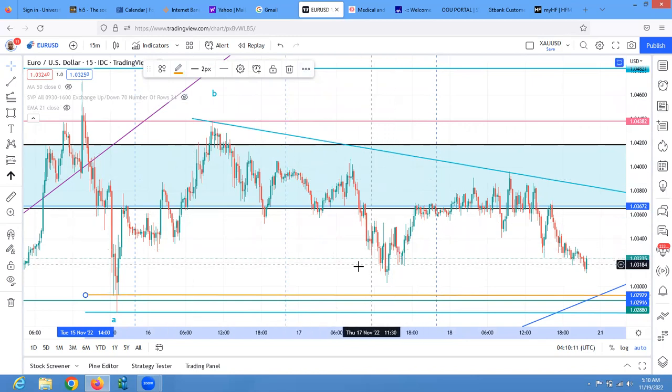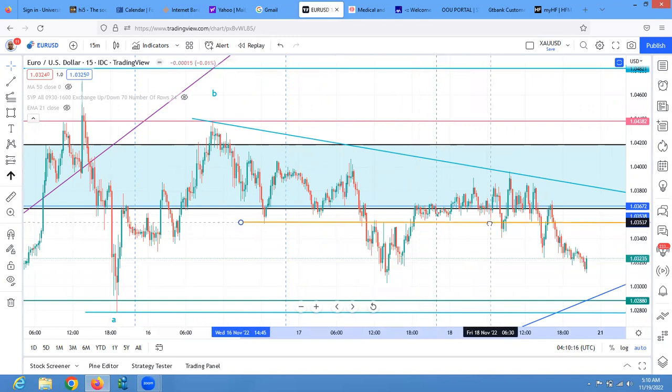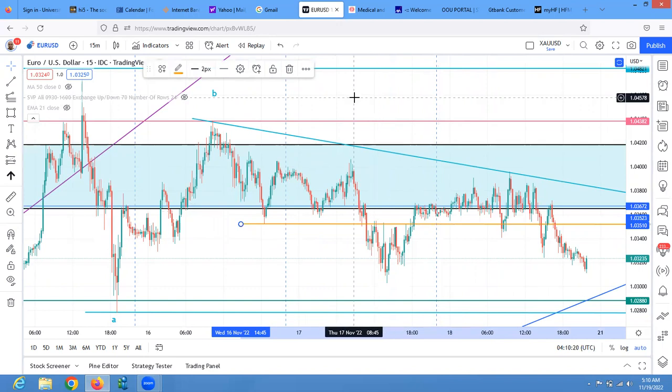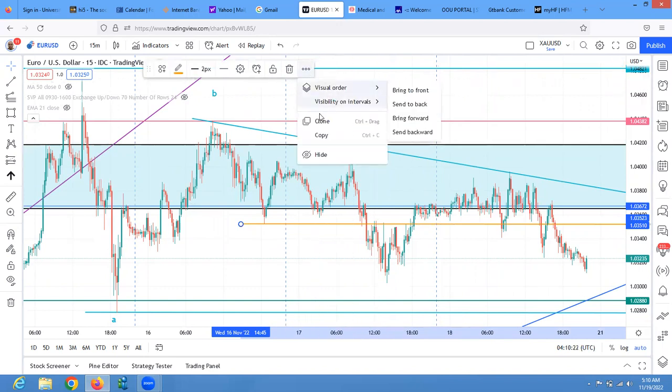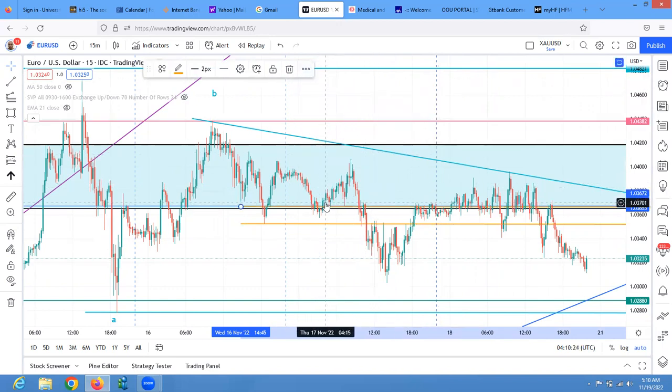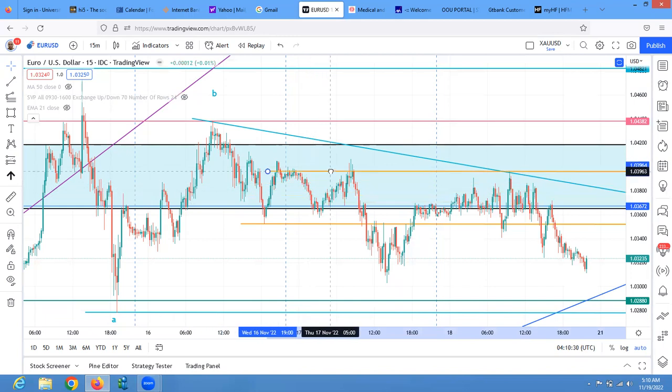I'm much interested in the last wave. This is the 1, the first one, and this is the 2 of it. This is the height of the 2 of it.